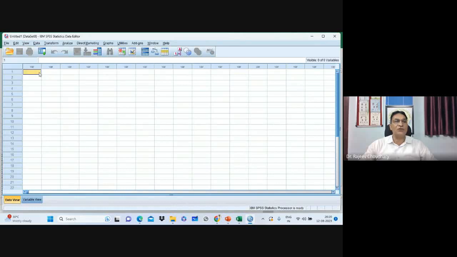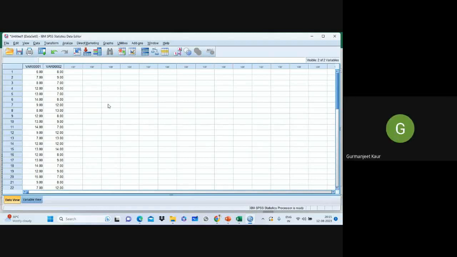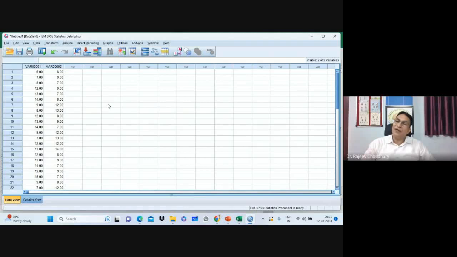Paste all the scores in this data view. In how many columns did we enter our old scores in Microsoft Excel? Two, sir. In one column for males and in another column for females.